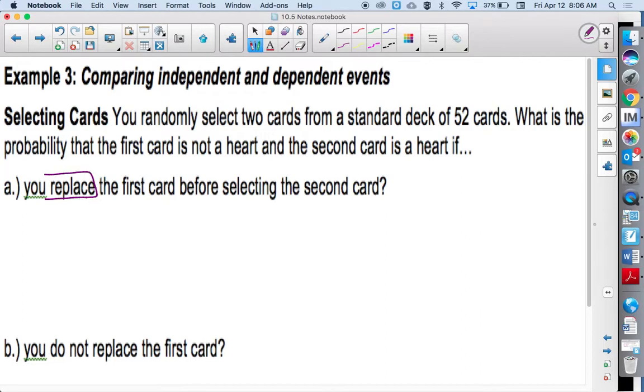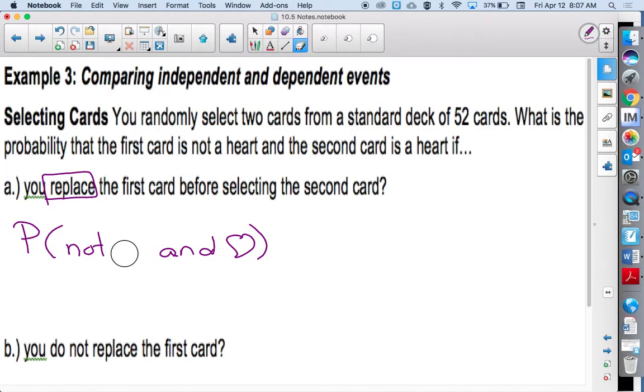So when you see the word replace, that means the card was pulled out of the deck and placed right back in. So I started with 52 cards, I took one out, but I put it back in. So we're trying to find the probability that we have not a heart, and then my second card is a heart.